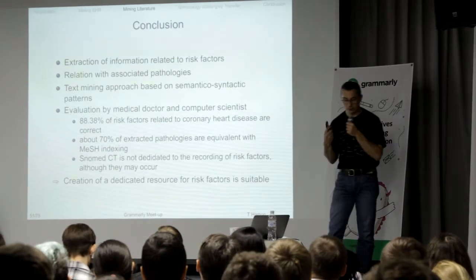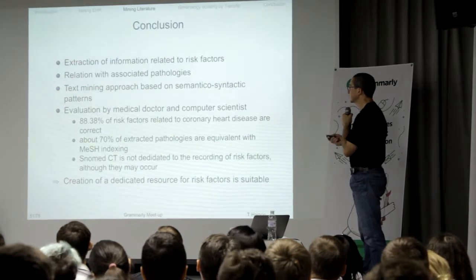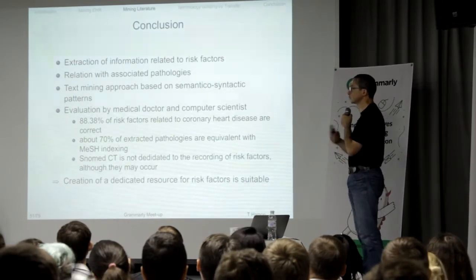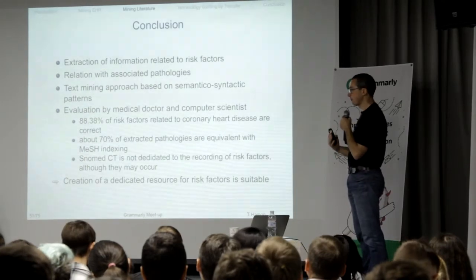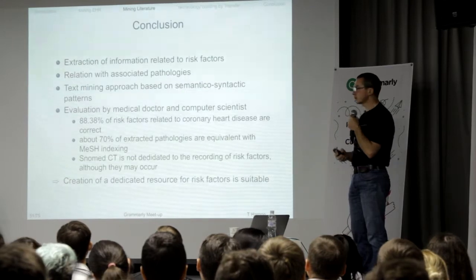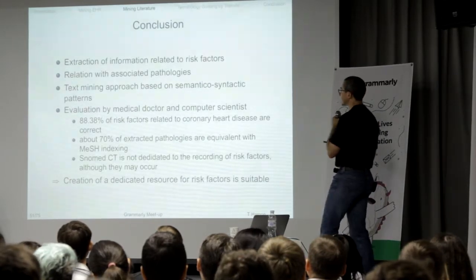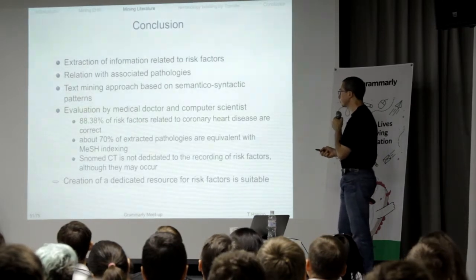I showed you an approach to use semantico-syntactic patterns to extract relations between two kinds of semantic entities in text. In the case of risk factors, we achieve quite good results.